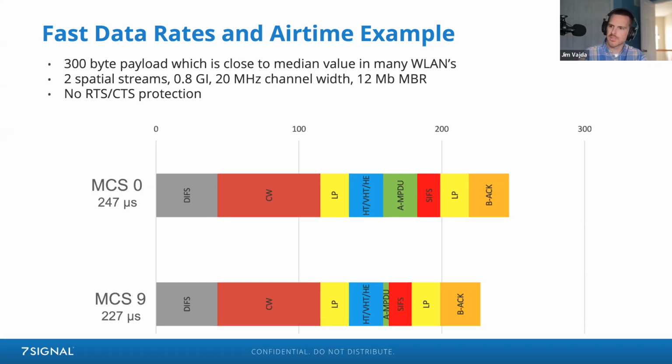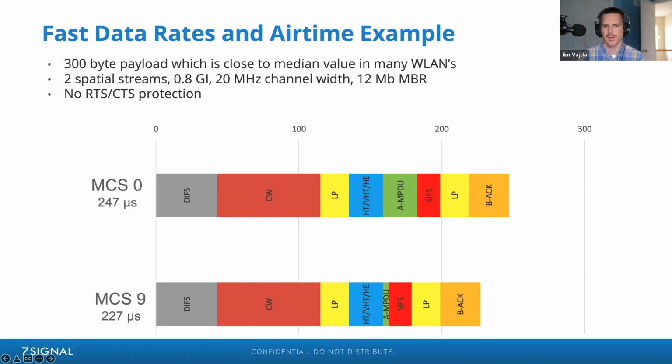And this isn't so much of a problem with consumer stuff or low density networks, because again, we're talking about microseconds here, right? So big deal if it's a little bit wasteful in airtime. But it is a problem with very high density, very busy clients with a lot of small packets to deliver.